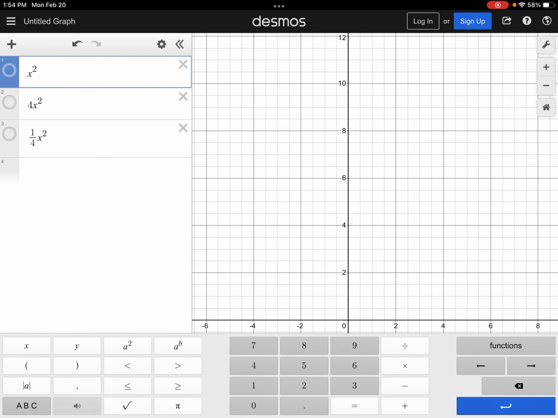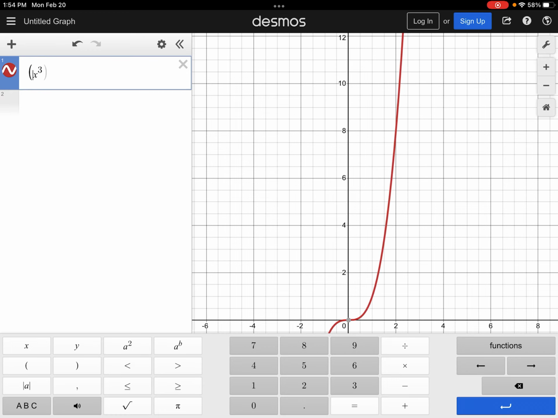So our normal graph right here, the parent graph, is x to the third power. And so let's see what a negative would do in front of this. If I could type this in correctly, there we go. So let's see what a negative would do in front of my x to the third.